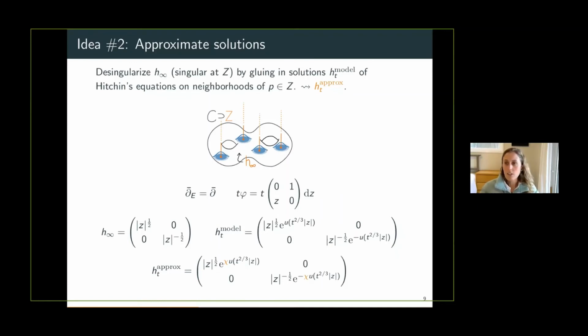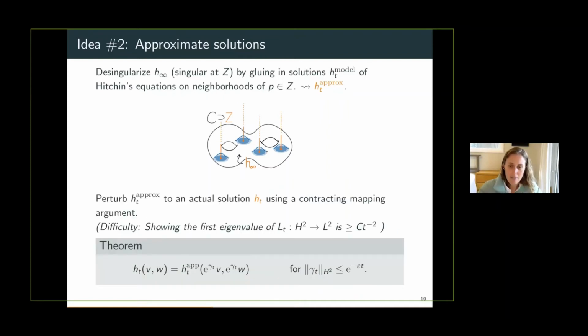where the cutoff function is in the open interval between 0 and 1. So this is a way to build an approximate solution. The question is whether it is a good approximate solution. And indeed, it's a really good approximate solution.